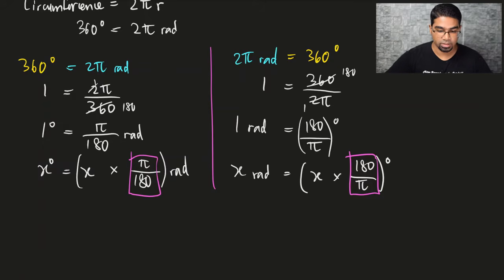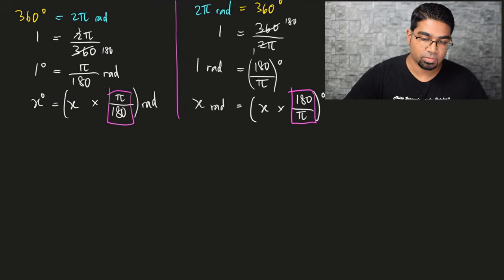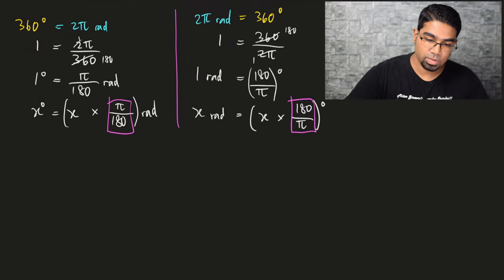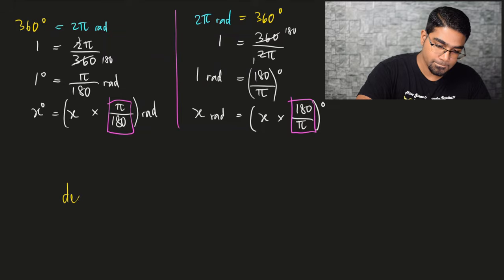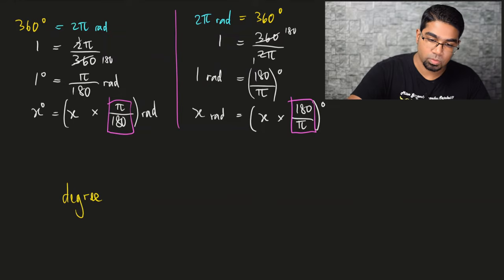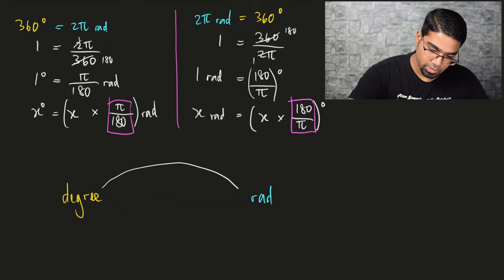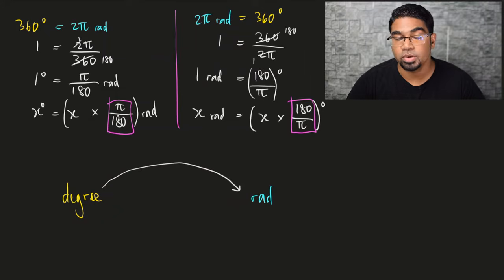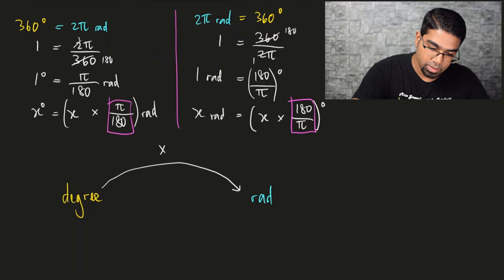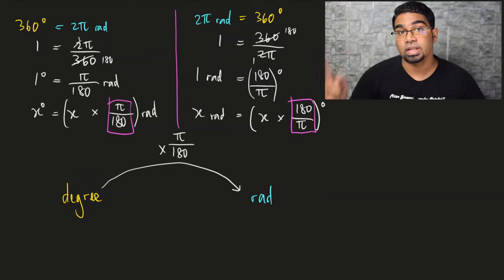So this is where the shortcut comes in. Let's say we start with degrees and we want to convert to radians. When we are going to radians, pi is the numerator. So we multiply by pi over 180. It's all about the destination.